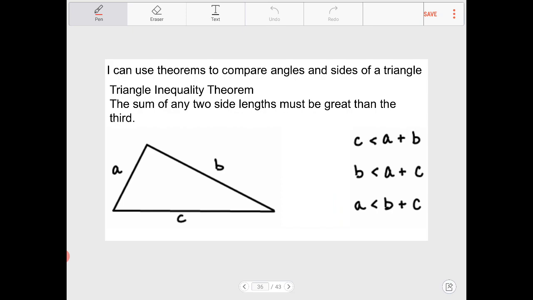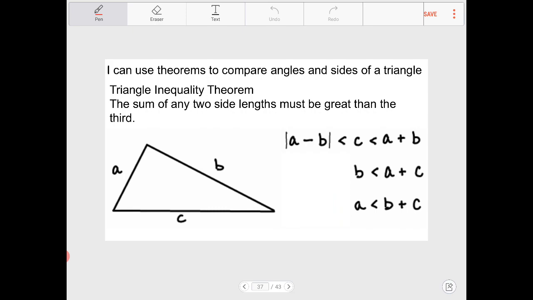So side length C must be greater than the absolute value of the difference of A and B. And why am I putting the absolute value here? Well, if side length A was shorter than side length B, it wouldn't make a difference when we do the subtraction either way. The whole purpose of the absolute value symbol is that when we find a difference, if we end up with a negative number, we just make it positive.